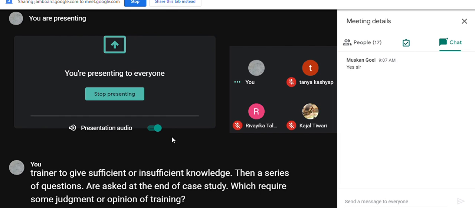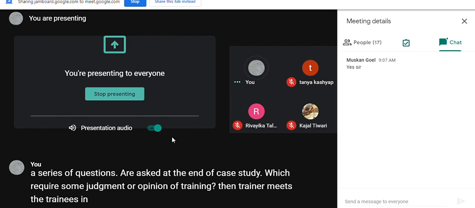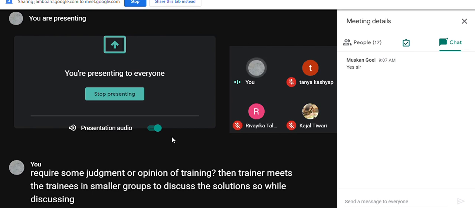Then trainer meets the trainees in smaller groups to discuss the solutions. So while discussing, they debate on different pros and cons, merits and demerits of different options.